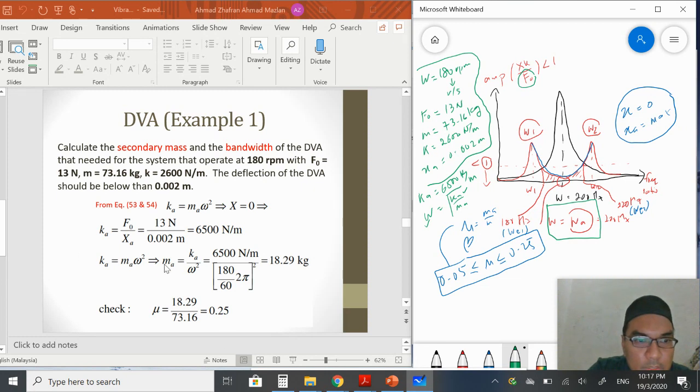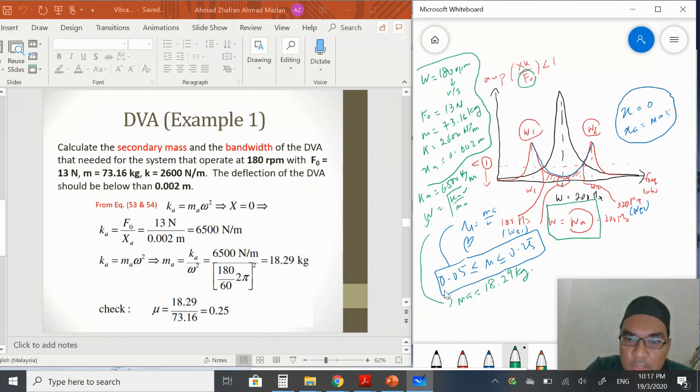Using this equation, MA is equal to 18.29 kg. So now you have the MA and also the primary mass, so you can get mu. Then this is the stage when you can check whether your DVA is effective or not.